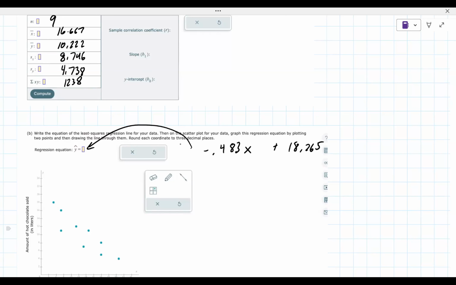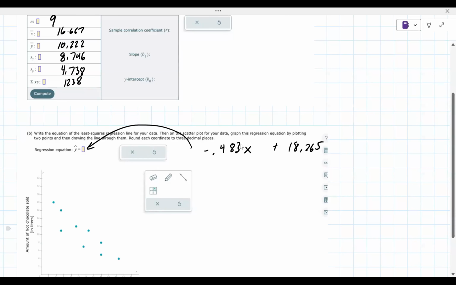Okay, so that's negative. Just to clarify that, it's like a negative 0.483x plus 18.265.